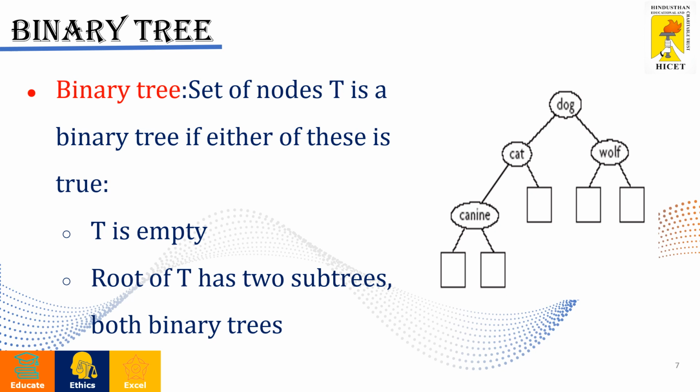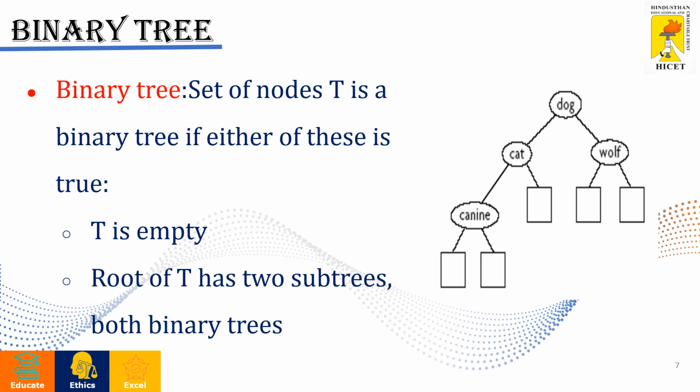And the root node should have only two subnodes. Binary is 2, so it refers to two subnodes. So here the root should have only two subnodes and each node should have only two subnodes. So you can tell the whole thing is a binary tree.